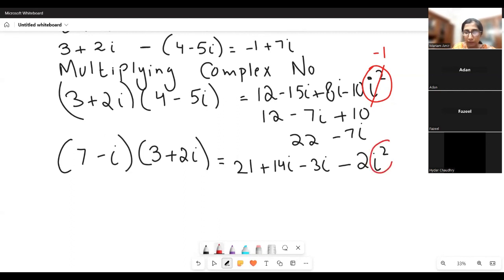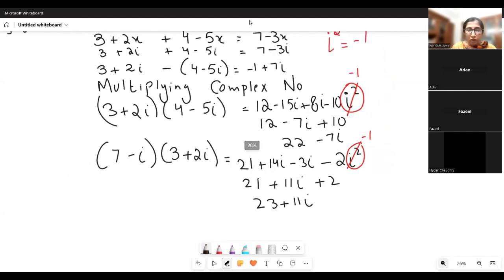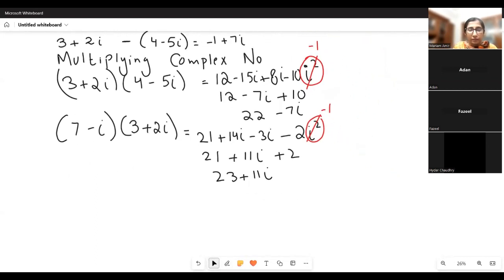Iota square is -1. So we have 21 plus 11 iota and plus 2. So we have 23 plus 11 iota. Okay, next we talk about dividing complex numbers.